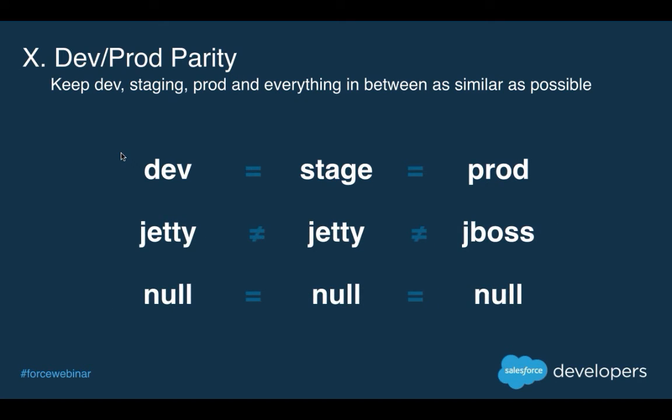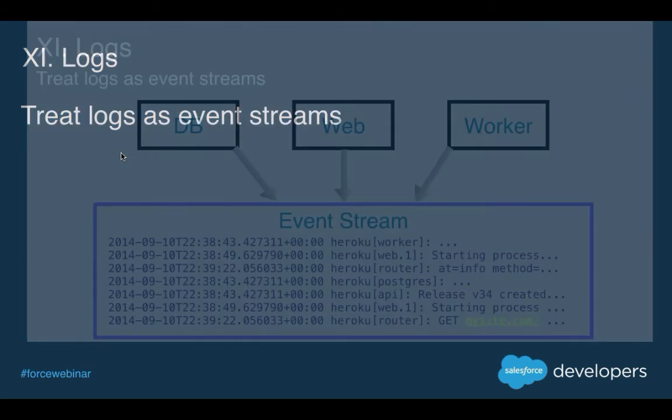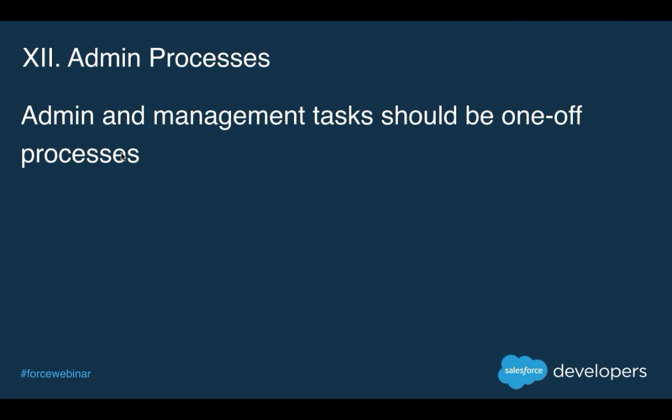But this also applies to the application container. I've seen a lot of shops that work with JBoss in production, but because that's too heavy and cumbersome in development, they'll use something lighter weight in development. And that should be avoided. And the best way to avoid it is to not have a container at all, along with the containerless approach. I'll skip over logs.